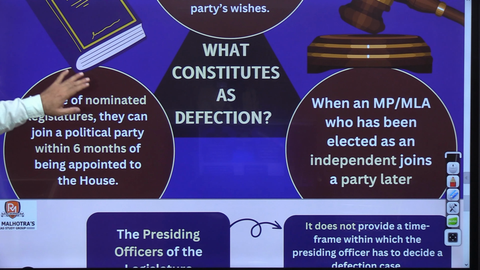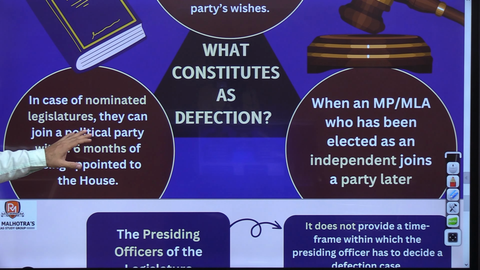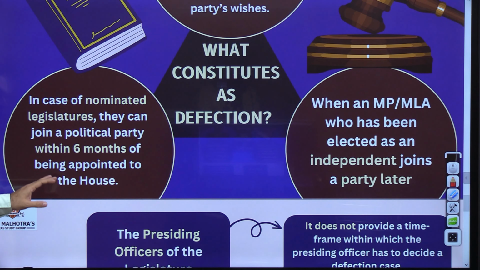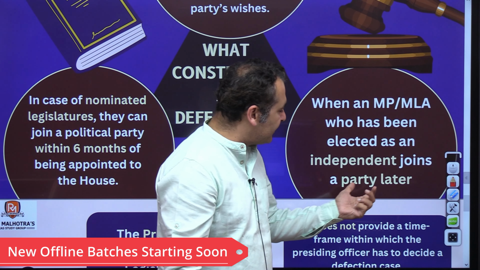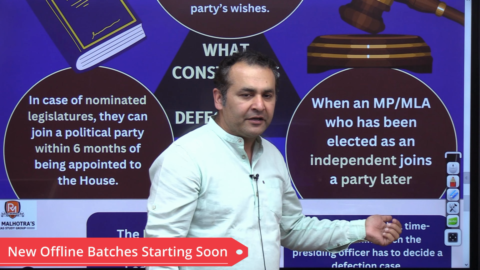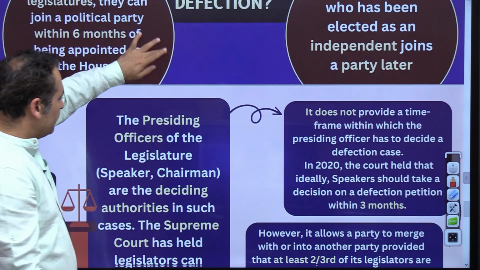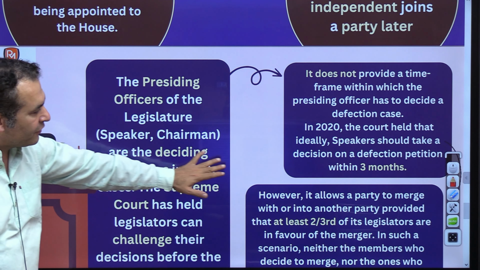Now what constitutes defection? In the case of nominated legislators, they can join a political party within 6 months of being appointed to the house. When an MP or MLA who has been elected as an independent joins a party later, then it is defection. So we have all the cases here for defection.